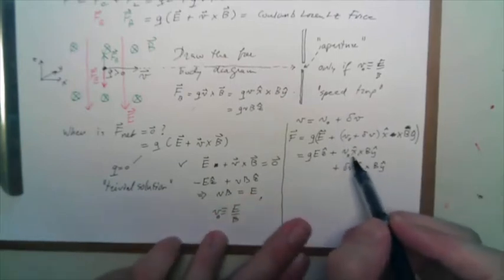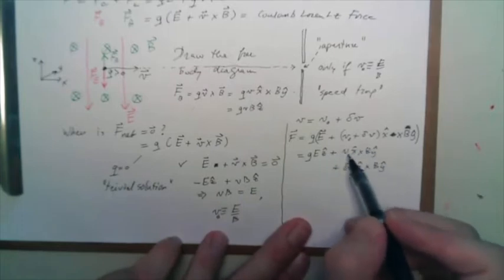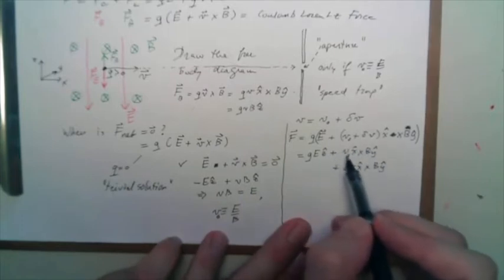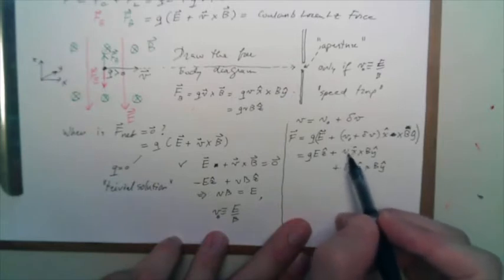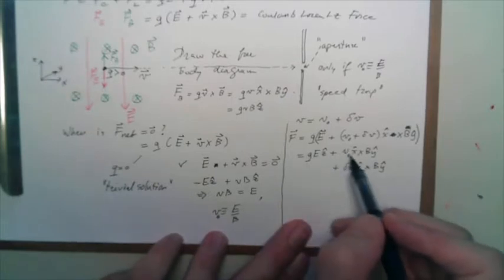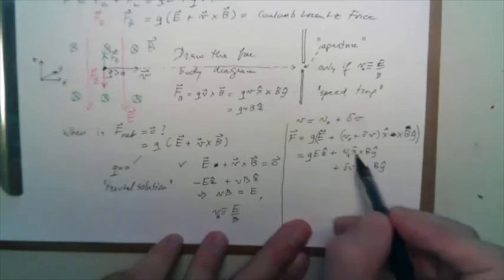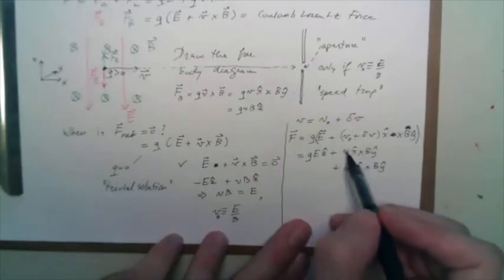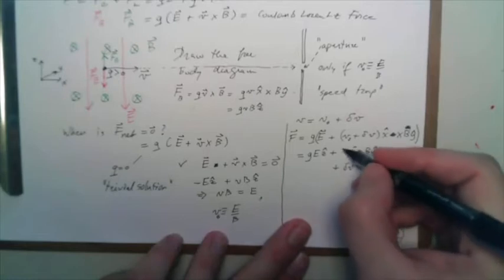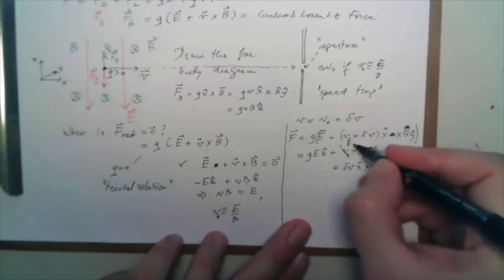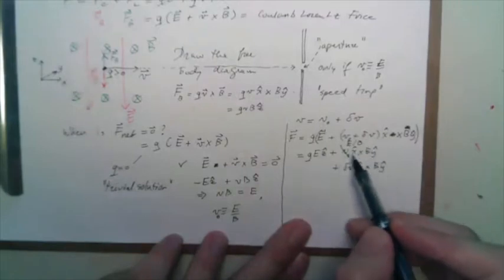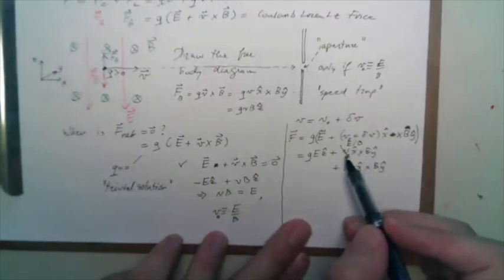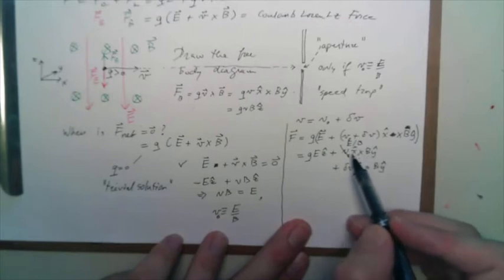Now, this term together with this term are going to cancel, because by definition V naught is E over B. So if you put that in there, V naught is replaced by E over B. Then you get E over B times B, so you have E, and E times x cross y, that's z.